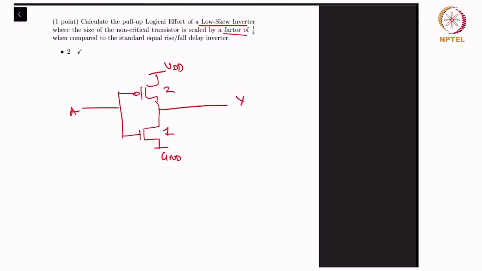It's a low skew inverter, which means the non-critical transistor is this one, and this is scaled by a factor of 1 by 4 when compared to the standard equal rise and fall inverter, which is a 2-1 inverter.